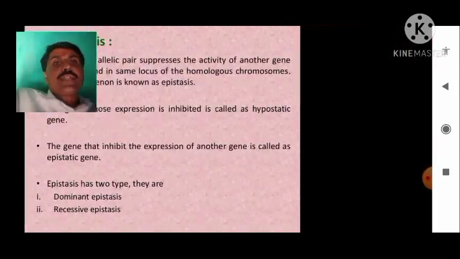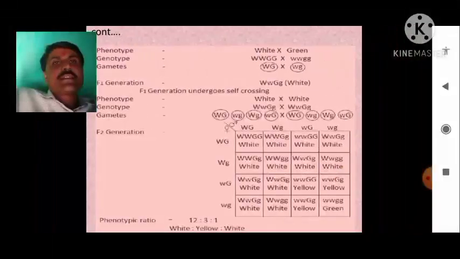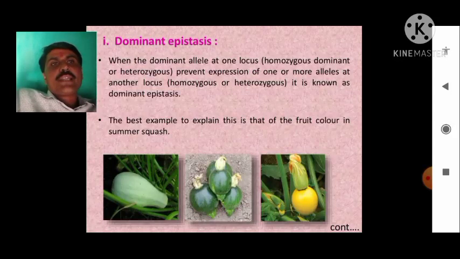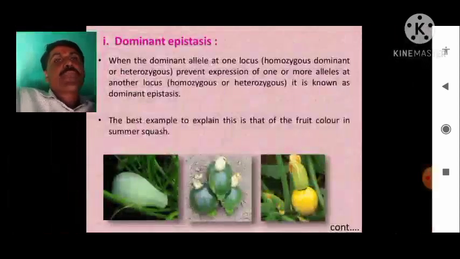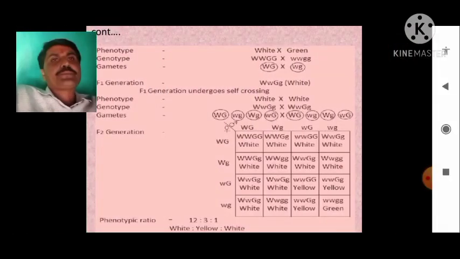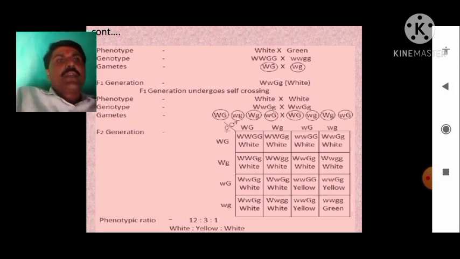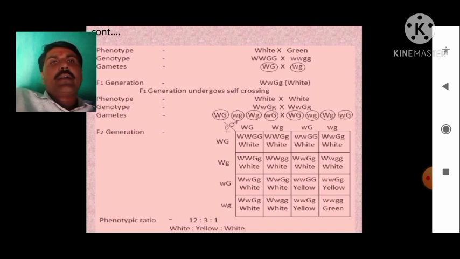What about epistasis? In epistasis, the dominant allele at one locus prevents expression of one or more alleles at another locus, that is, dominant epistasis. Well, while setting up the experiment for dominant epistasis, take the white phenotype and cross it with the green one.